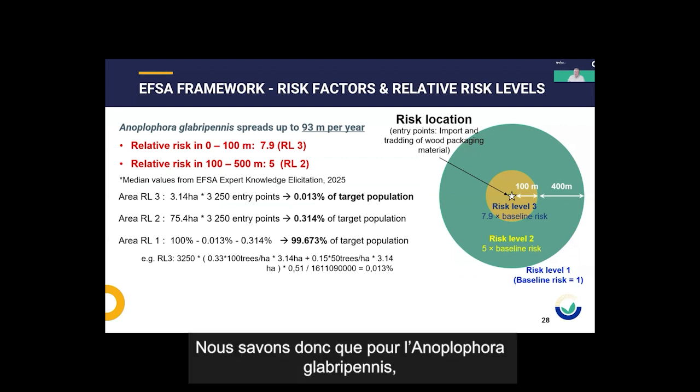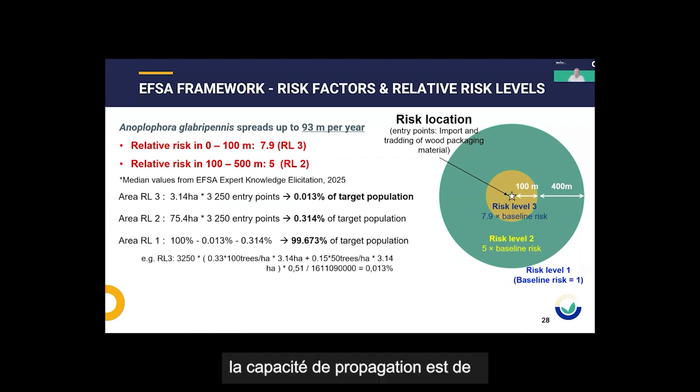So we know that for Anoplophora glabripennis, the spread capacity is 93 meters per year, around 100 meters.